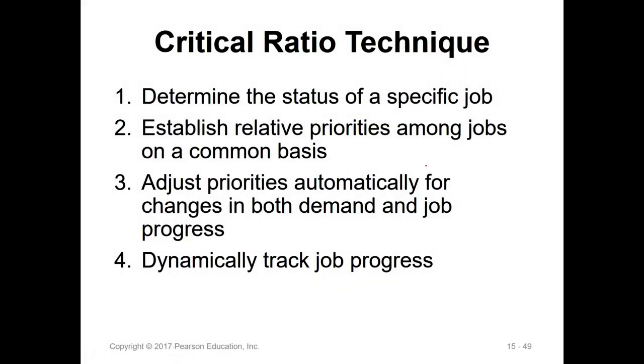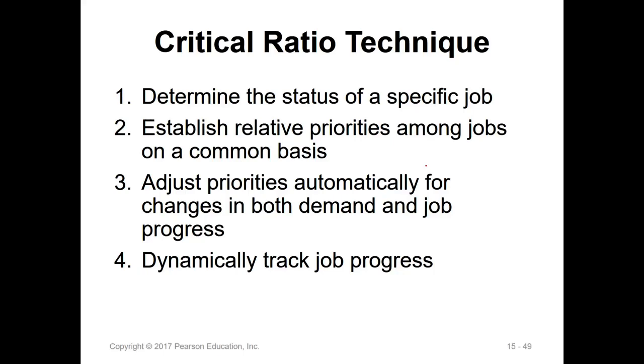We use this ratio to determine the status of a specific job according to the planned due time. It helps us see which one needs to catch up and needs to be given a higher priority.